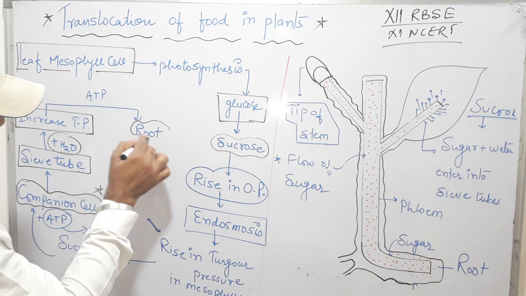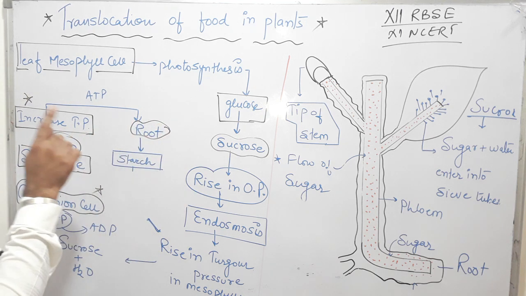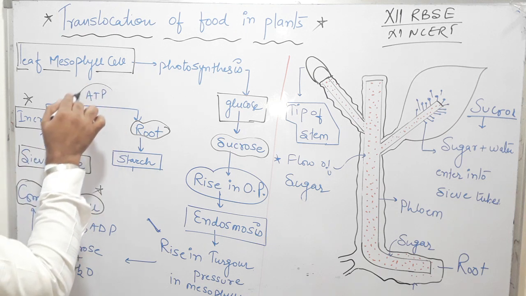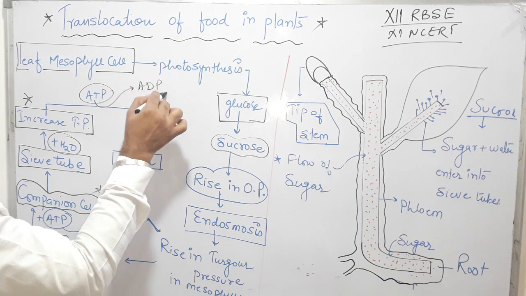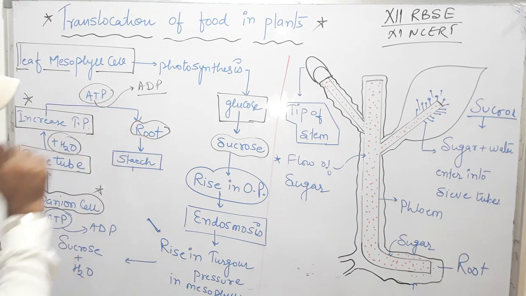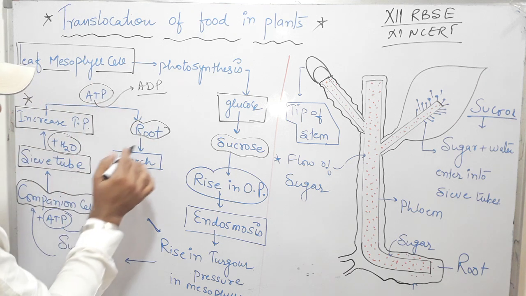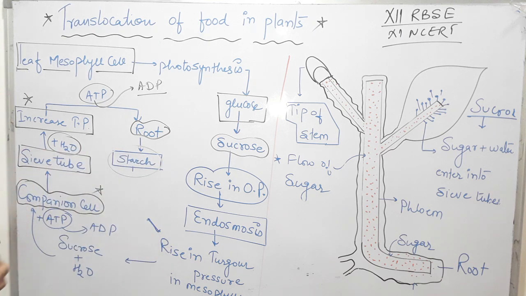So here is the low turgor pressure and here the high turgor pressure, and with this turgor pressure gradient plus ATP, the sucrose enters into the root cell. Now here the sucrose is converted into starch, which is stored by the root.